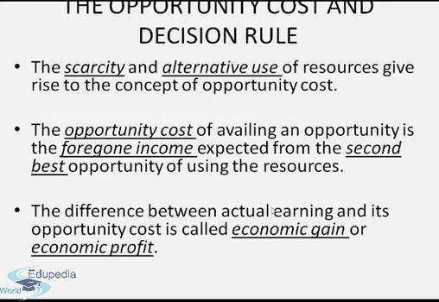The difference between actual earning and its opportunity cost is called economic gain or economic profit, and in our example it was $2 million.